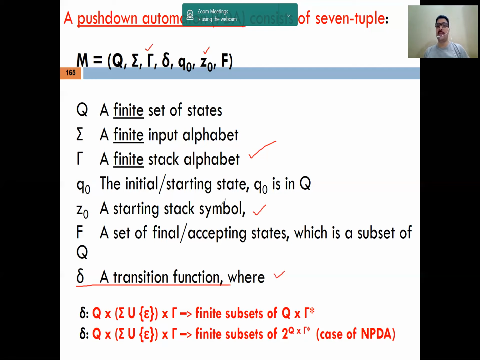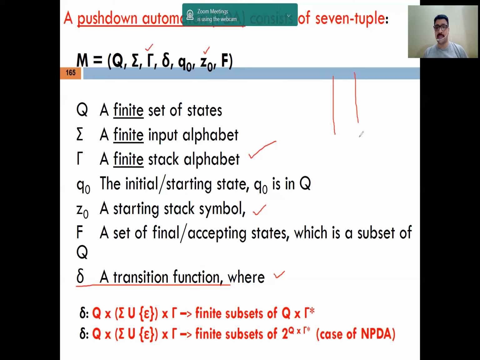So here the new symbols are tau and Z0. These are two additional symbols that are used in PDA compared to DFA, right? So the tau is what? Tau is the stack alphabet, or you can also understand this symbol as the stack symbol.